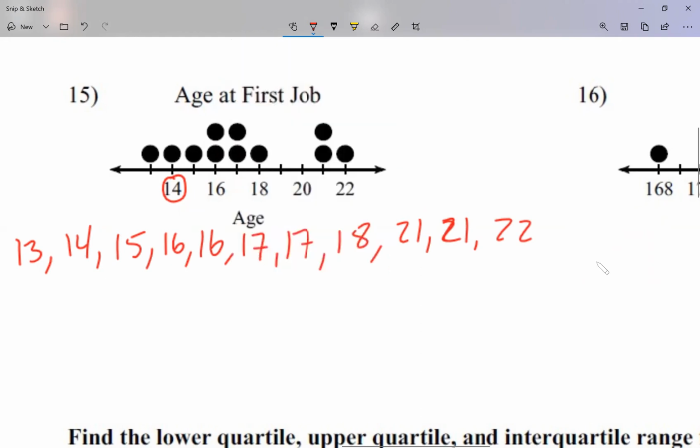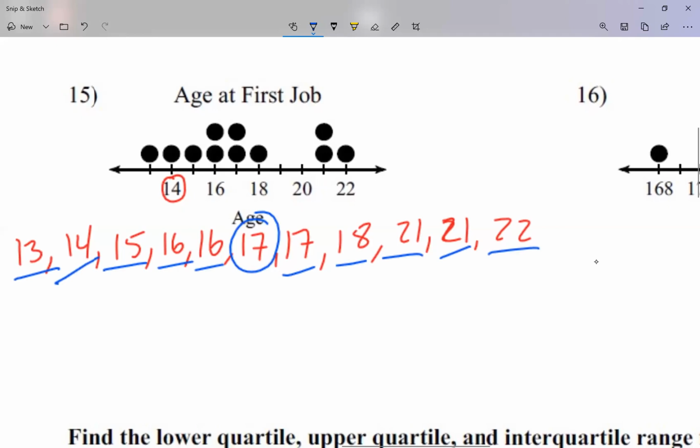All right, let me draw a line under the smallest number and the biggest number, the small with the large, and cool. We only have one number, so that's it. My median is 17. Remember, if you have two numbers, you can just add them up and divide by 2.